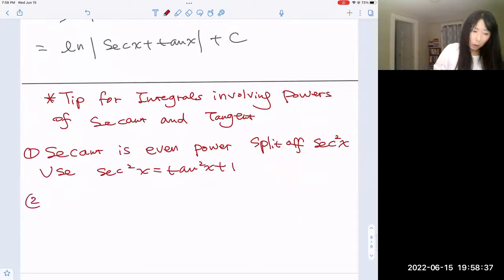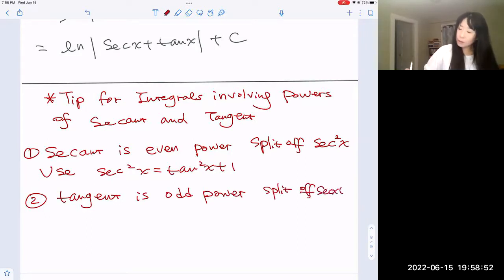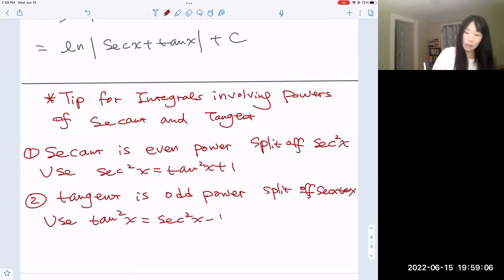And second, if the power of tangent is odd, then we split off secant x tan x. Then we use another Pythagorean identity, right? So tangent square x equals secant square x minus 1.